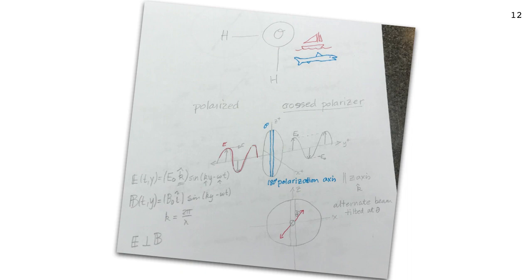So now what does that mean? Well, cosine squared of theta goes through its maximum when the cosine of theta is equal to 1 or minus 1. And the cosine of theta is 1 at theta equals 0 or theta equals 180 degrees.